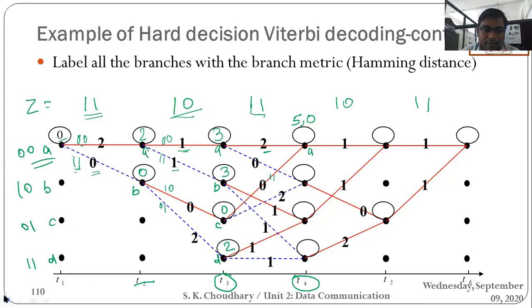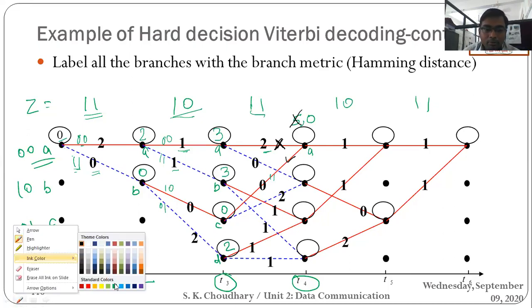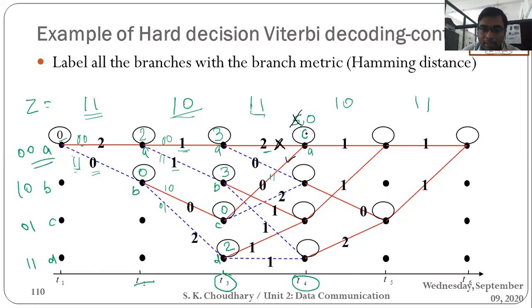So we have discarded this path, and it does not move further. This part is discarded. So which path moves further? That is this one. So the metric value here is now 0.